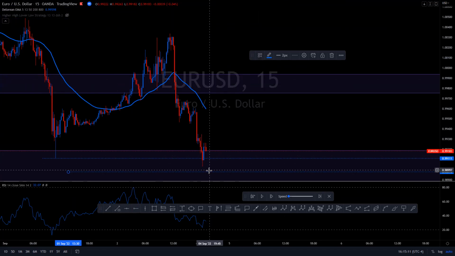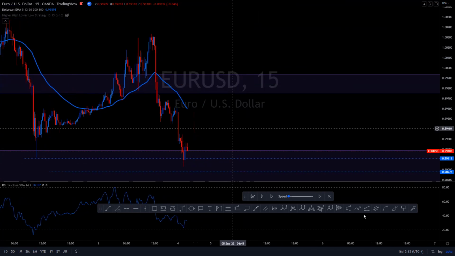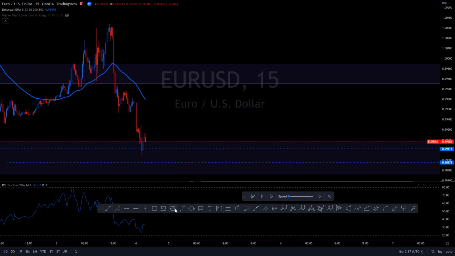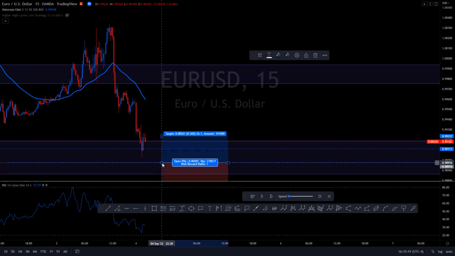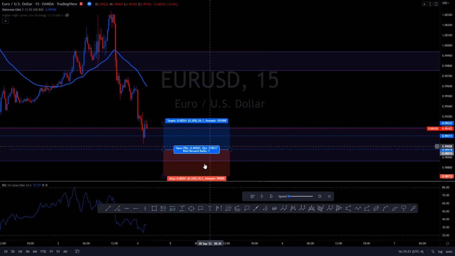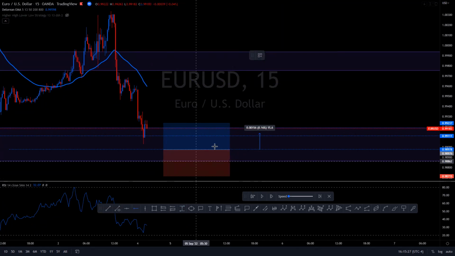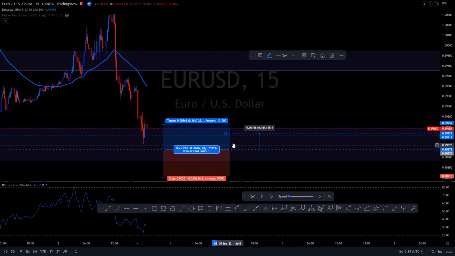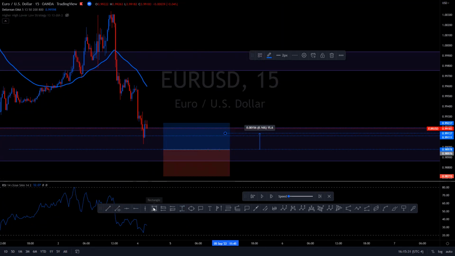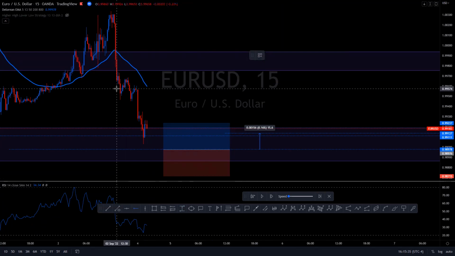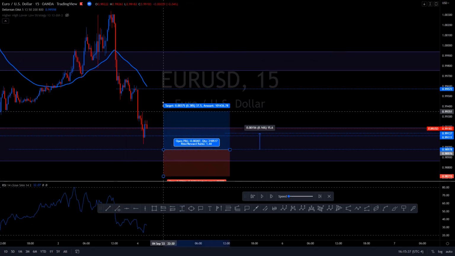So price would probably sell and hit this and then go up. That's what I'm thinking. So I would be looking to put in a buy here, and I would be looking to get 15 pips right there. And then ultimately target the liquidity, I'd say maybe up here.